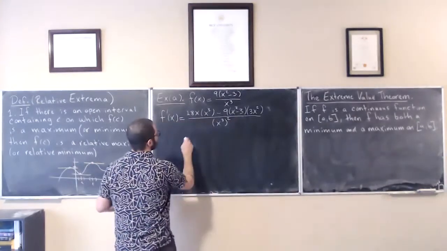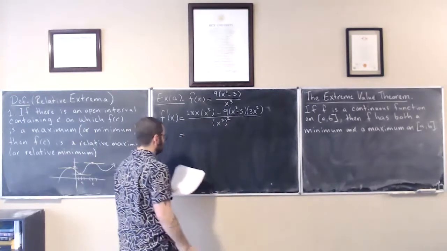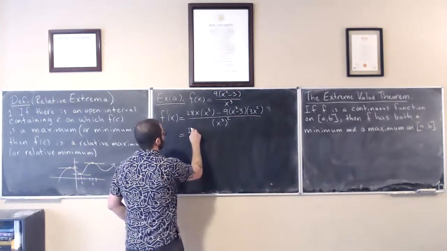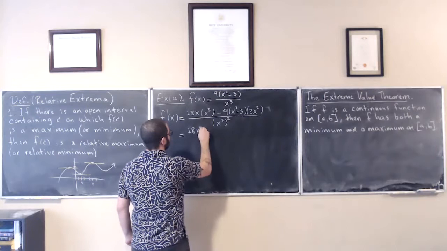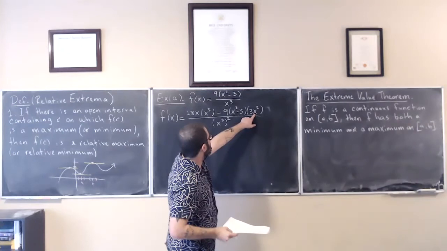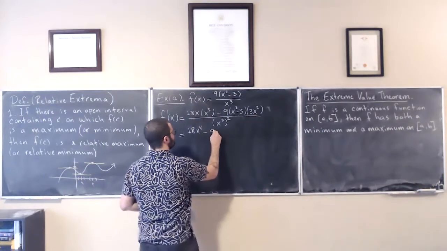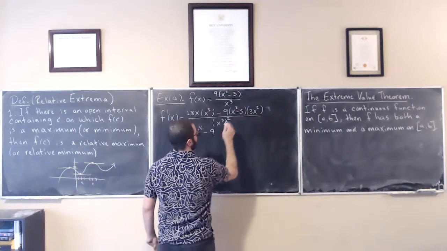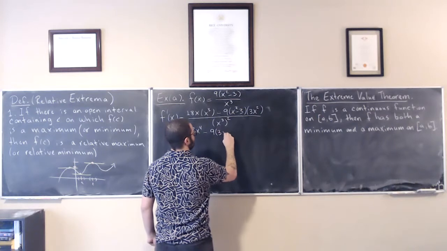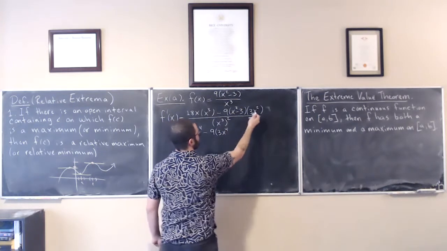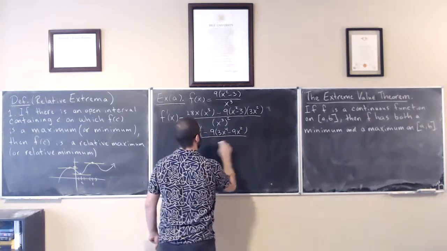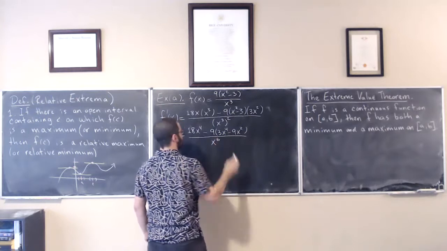Okay, so if we simplify this, what do we get? We get 18x to the power 4. So then we have 3x squared. So I'm going to leave the 9 out for now. Then 3x squared times x squared is, what is that? 3x to the power 4 minus 9x squared all over x to the power 6.